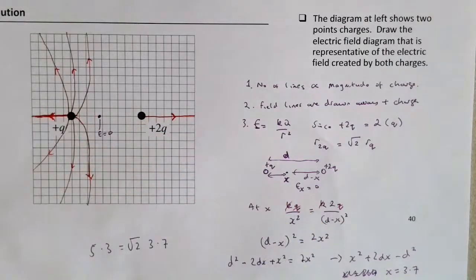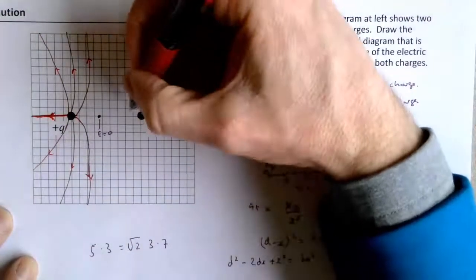So I might just switch my rules here, and I'll draw 14 emanating from the plus 2Q to sort of fix my problem.